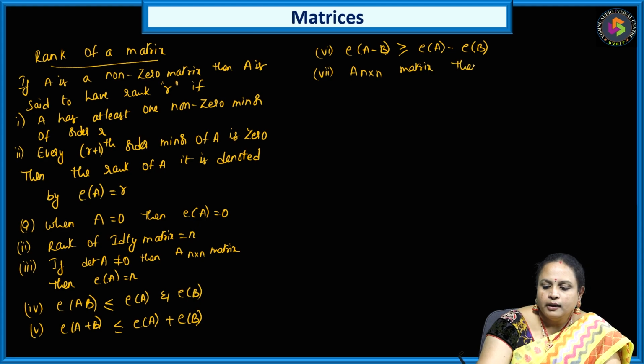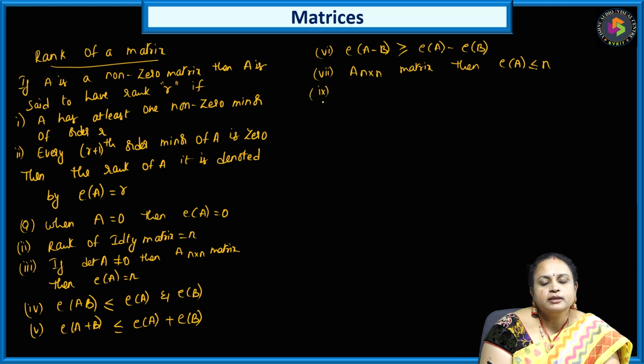Then rank of A will always be less than or equal to n. If A is an n by n matrix, then rank of A will always be less than or equal to the order of the matrix.